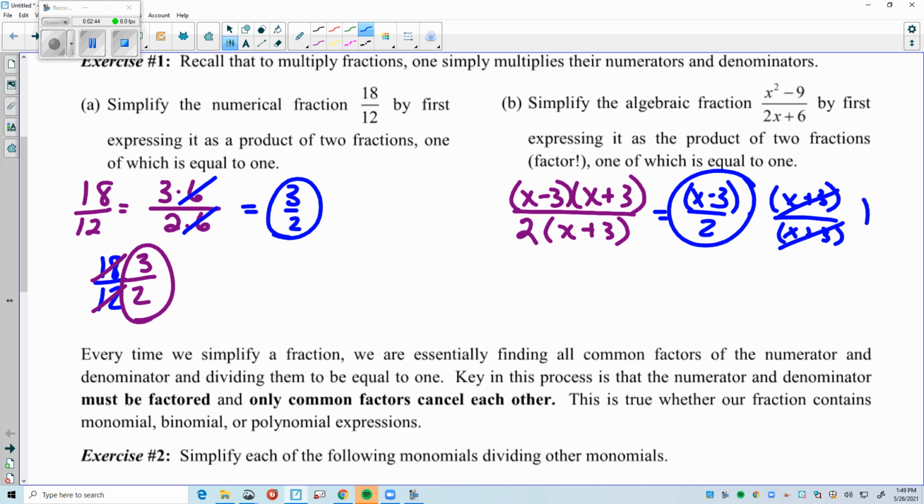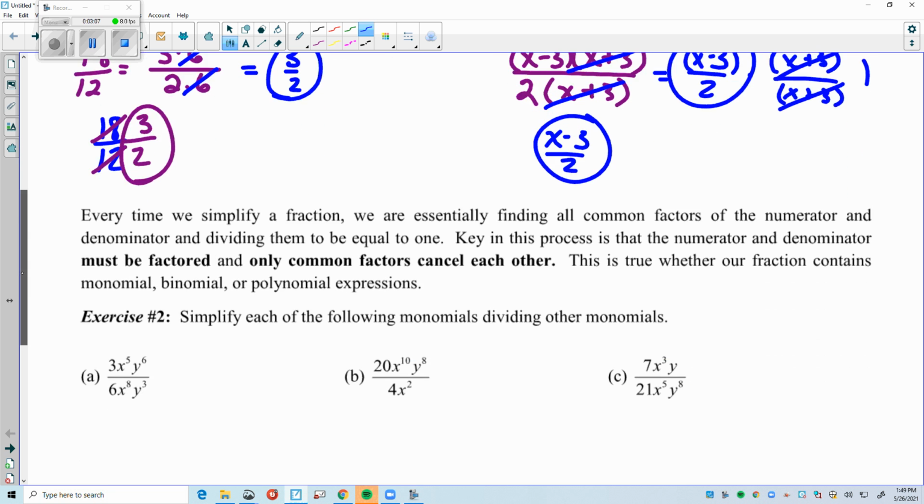Or simply, if we just go back to how we had factored this, I can think to myself, I can reduce fractions top and bottom. Common terms can be reduced out, and so now again I'm just left with x minus 3 over 2. So just kind of depending on how you see this. Keep in mind that concept of when we are reducing things out, they reduce out to a value of 1.